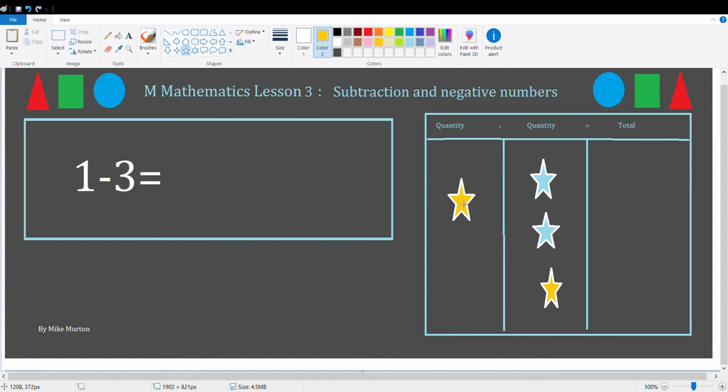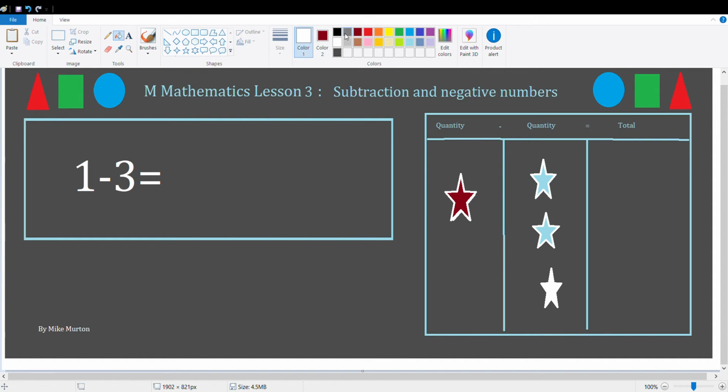But to represent this, I'm going to say, hey, look, this second column yellow star, I can take away this first column star. So we'll make it red, and we'll make that red as well.